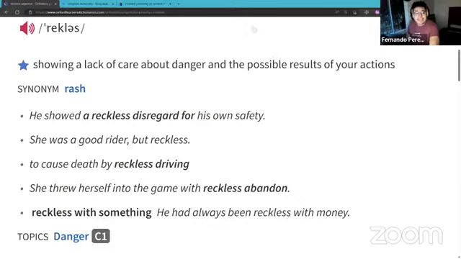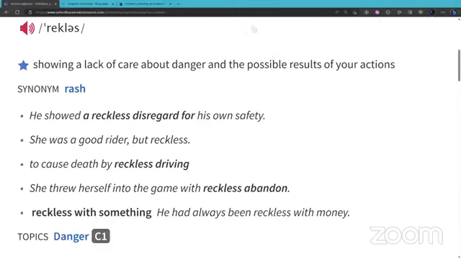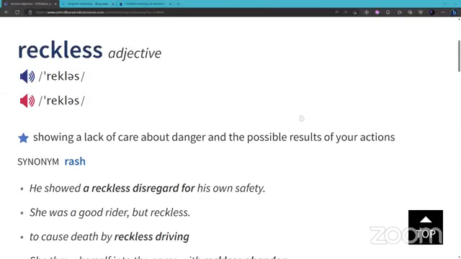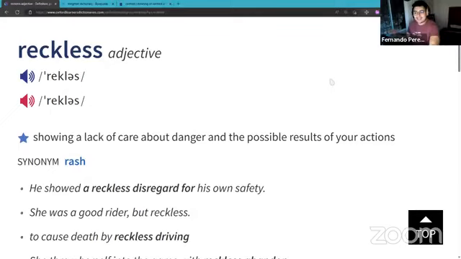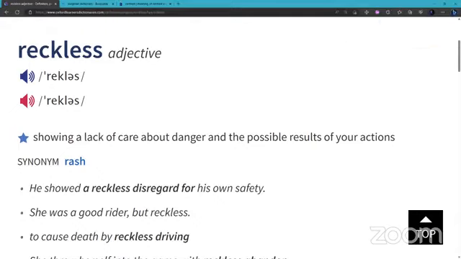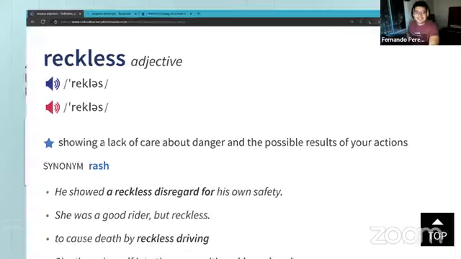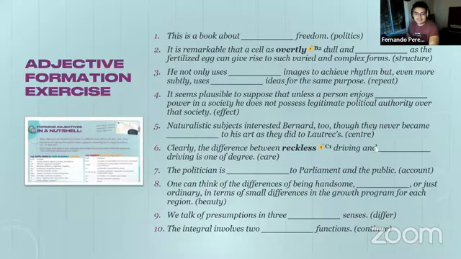So if you say take care about, this is a verb. Reckless is an adjective. So the antonym and the synonym must always be an adjective too. Well, you are going to need it for the answer.